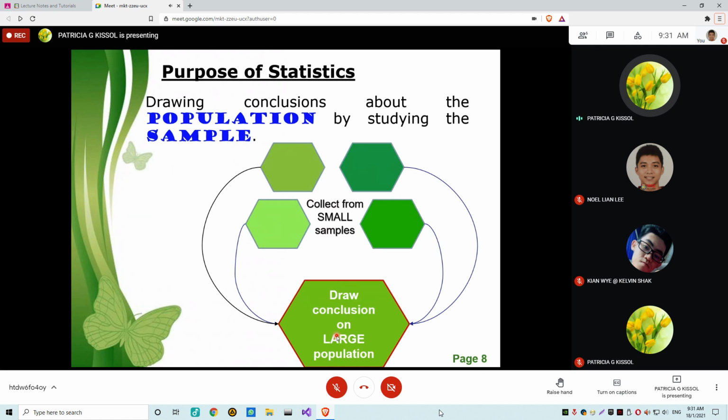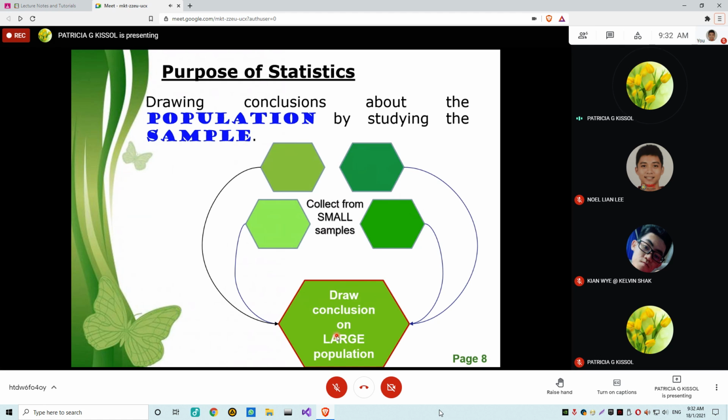I hope you can visualize that, like the area of Sabah. Sabah is a population, and we take Penampang, Papar, Kota Kinabalu, Beaufort, Sandakan, Lahad Datu. All those are small samples that we take from different districts, and from those samples we can draw a conclusion about the population of Sabah.